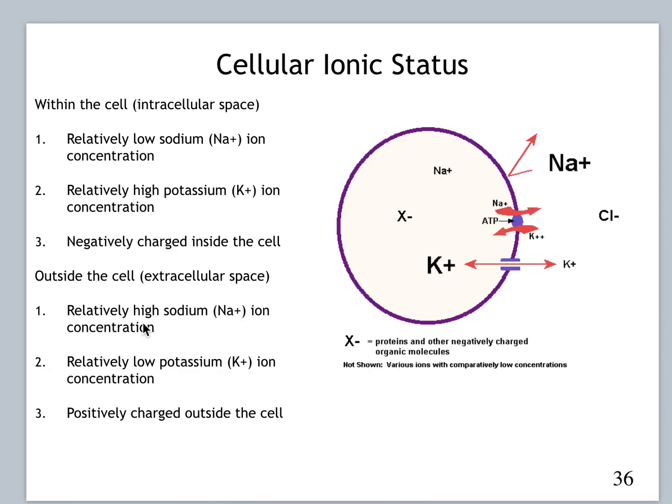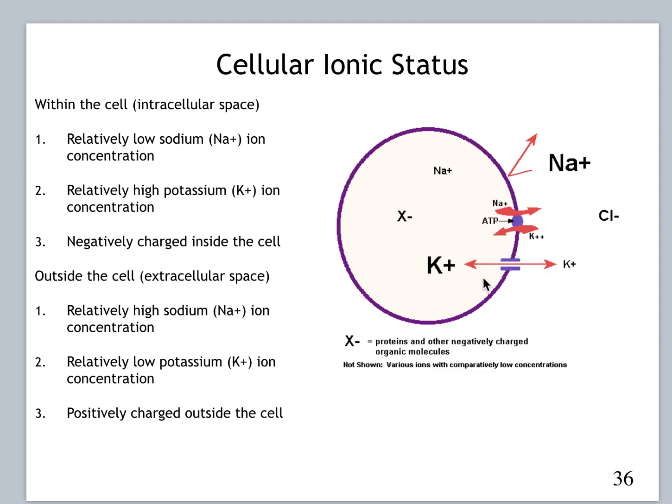Let's look at some of the conditions of the cell itself. Inside the cell, the sodium concentration is low compared to the outside the cell. That's why the outside sodium is written in large letters, the inside is small letters. There's more sodium outside the cell than inside the cell. The opposite is true with potassium. Potassium is more concentrated inside the cell than outside the cell. Hence the larger potassium symbol inside the cell than outside the cell.